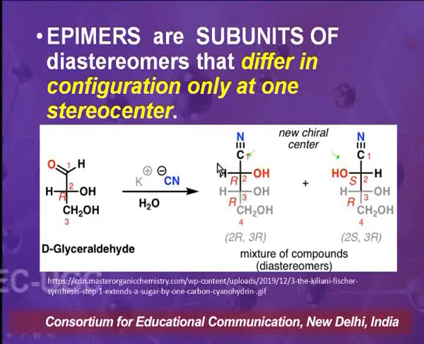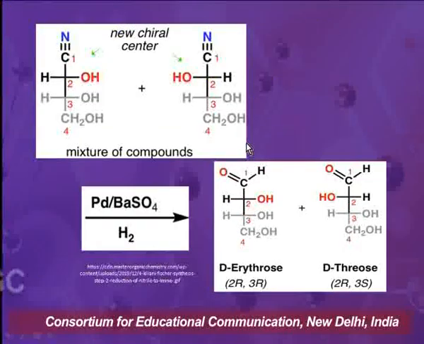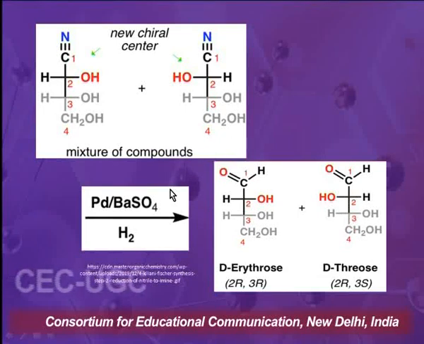Now, we want to convert this CN into a CHO group, because what we want here is an aldehyde. So we will carry out the reduction with palladium and BaSO4, that is hydrogen in presence of a catalyst, palladium which has been poisoned with BaSO4, so that the aldehyde group which we are getting here cannot be reduced further to an alcohol group.